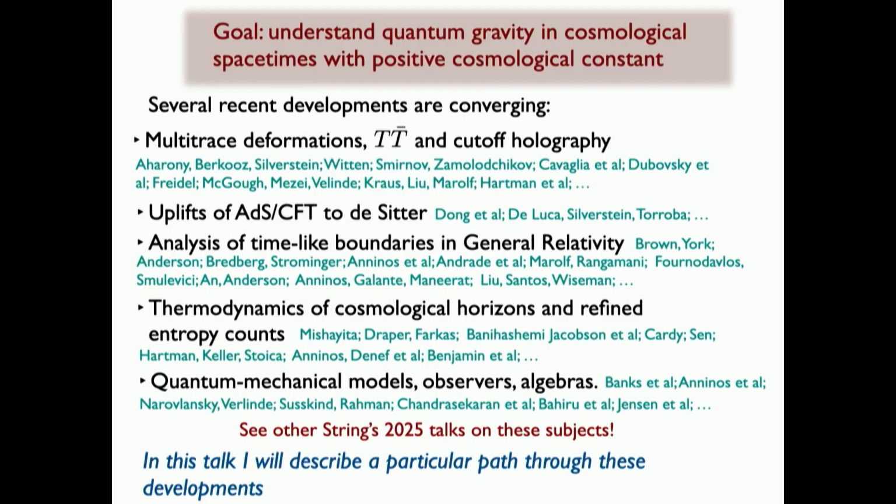Okay? So recently, many developments have been converging towards this goal, and here I'm making a list with some references: a better understanding of multitrace deformations, TTbar, and relation to cutoff holography, uplifts of AdS/CFT to de Sitter, progress in the understanding of time-like boundaries in general relativity, thermodynamics of cosmological horizons, and refined entropy counts, and also discovery of quantum mechanical models that are related to de Sitter, the role of the observers, algebras, and so on.